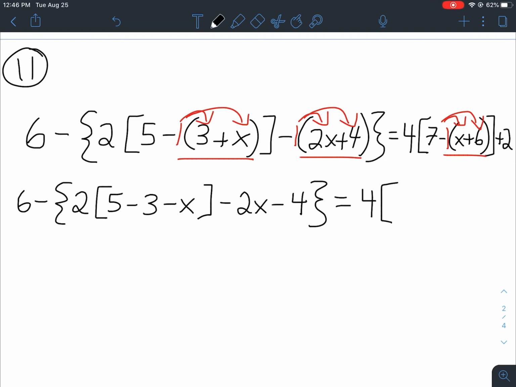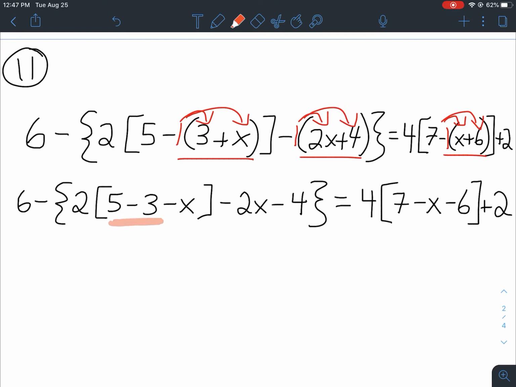And then I have my 4 brackets, 7, and now I'm distributing -1. -1 times x is -x. -1 times 6 is -6. Keep my bracket, keep my +2. Notice all the parentheses are now gone because I distributed to get rid of them. Next step, always combine like terms if you can inside these brackets.